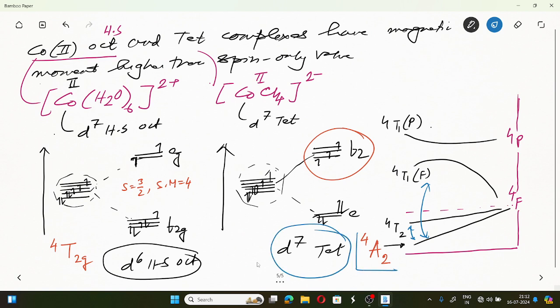It is expected that there is no orbital contribution, but due to spin orbit coupling the magnetic moment will be higher than the spin only value. So you have to explain this in a similar way. So see what we are writing: we drew these three diagrams, and if the question carries 3 marks you have to be careful.